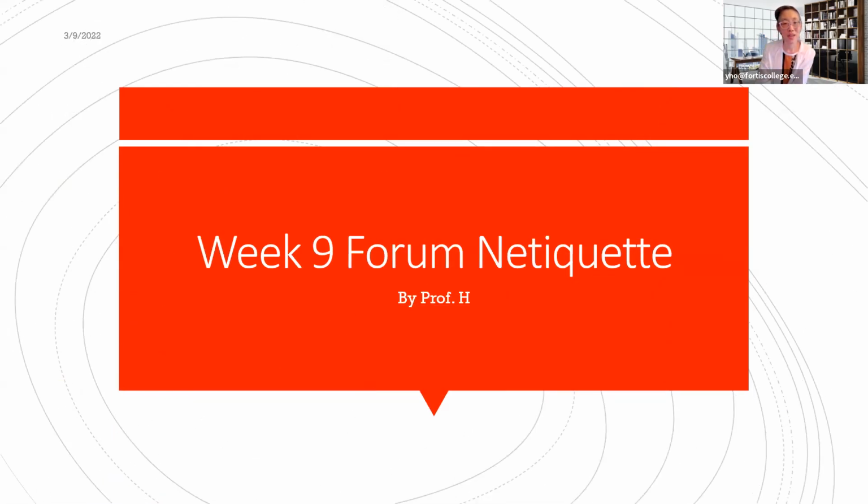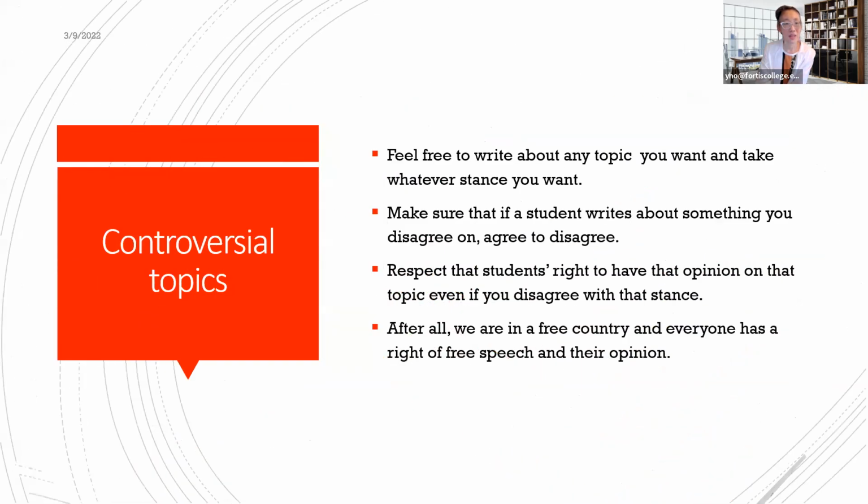All right, so week 9 forum netiquette. The reason why I go over this briefly is feel free to write about controversial subjects. In other words, we all agree to disagree. If you see something that you violently disagree with, we don't attack the student. So I always have to go over this. We don't say, what are you, stupid or something? Why would you believe in something like that? We don't behave like that. That's called netiquette.